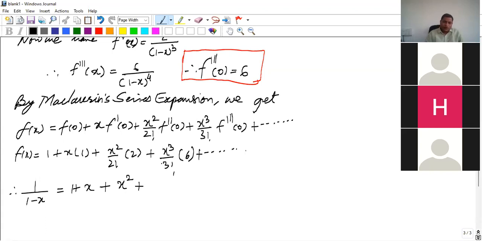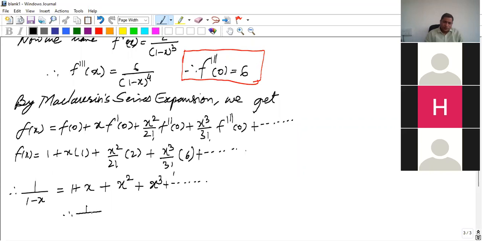Plus. Now what is the value of 3 factorial? 6. It will get cancelled, and we'll be having x cube, plus so on. Okay. So that's what we have.